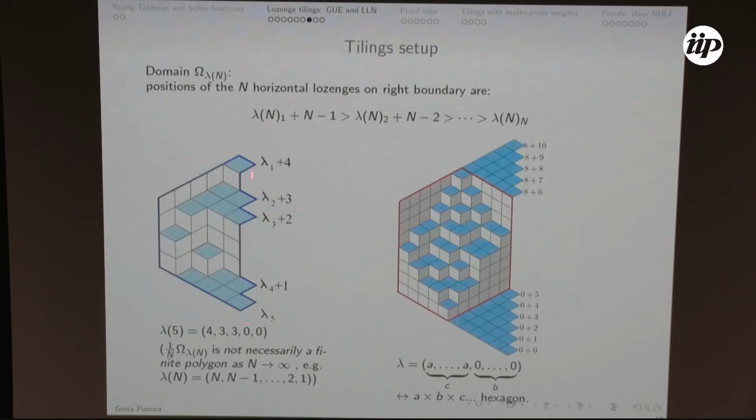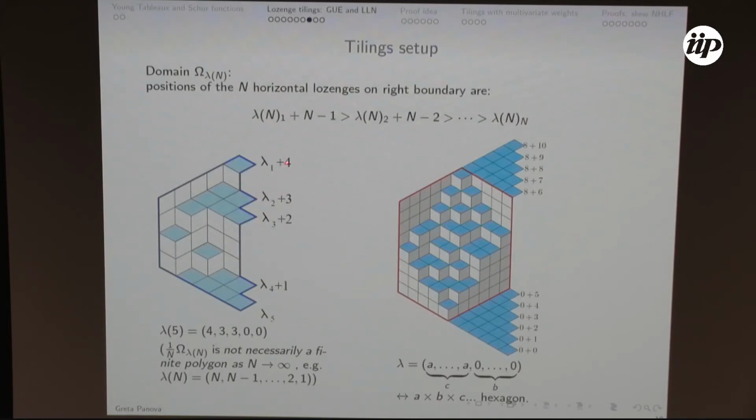So in this case, on the fifth line, we are going to say where the horizontal lozenges will be, and their positions will be some strict partition. This will be denoted by lambda. So lambda is again some integer partition.